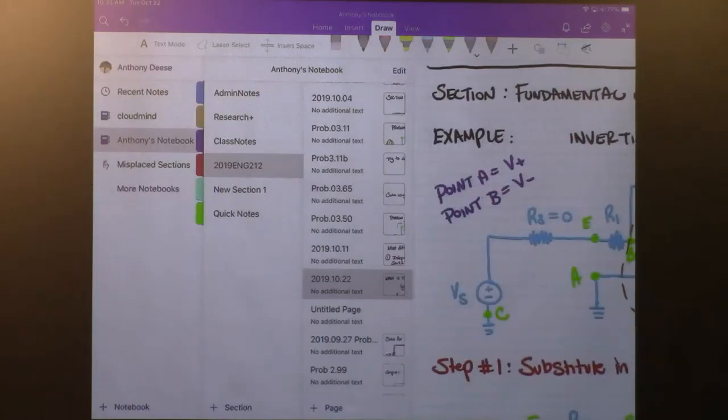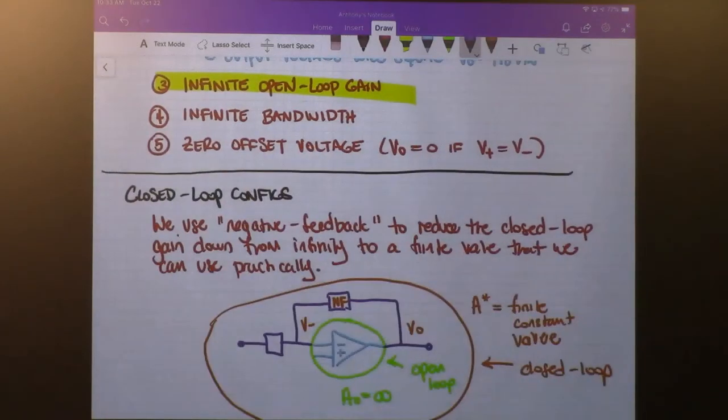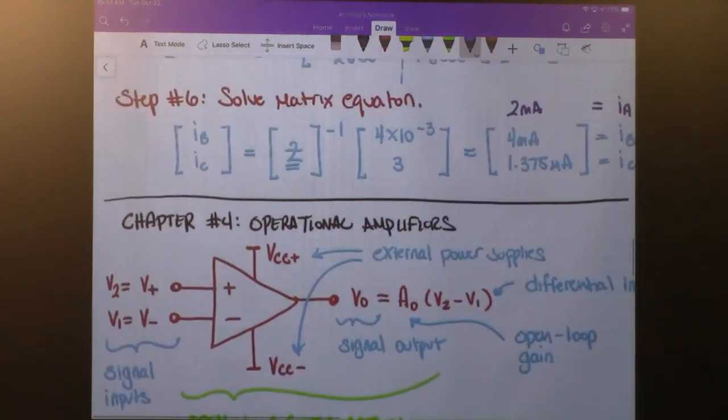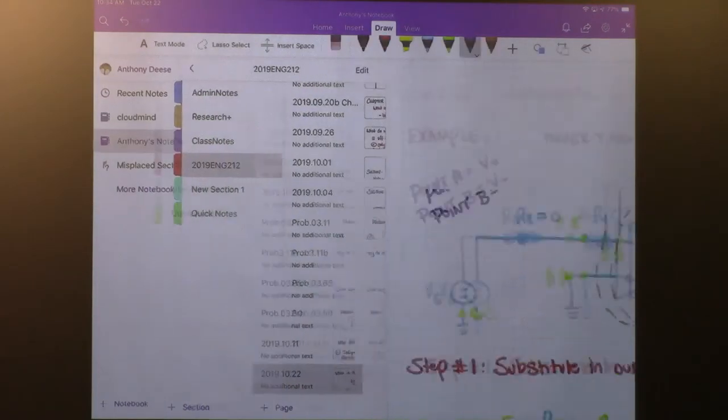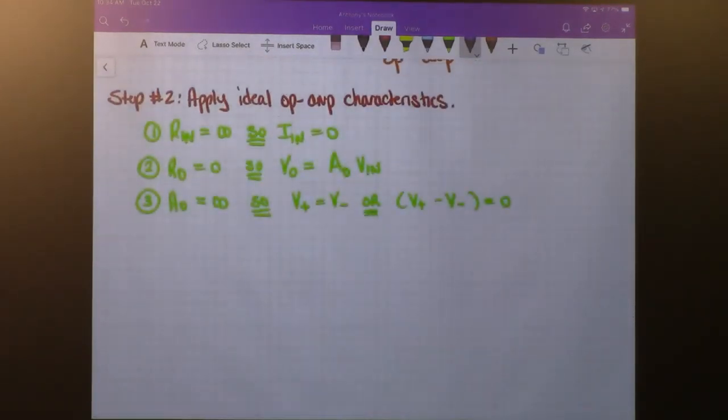If you go back to this picture here, we call them V plus and V minus. All right. But the question remains, but why? That's not an obvious jump. The open loop gain is equal to infinity. V plus minus V minus equals 0. Okay, no. Can't just accept that.